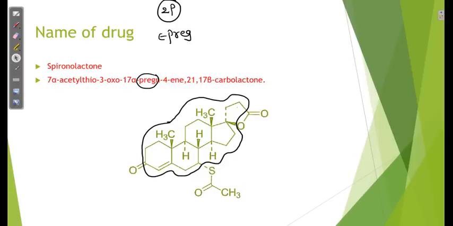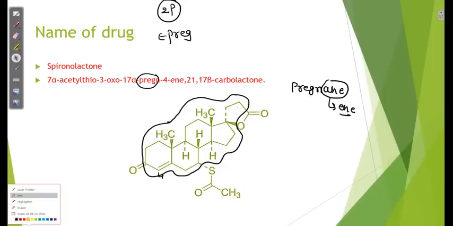This is like a pregnane derivative. In case of pregnane, the word root is pregnane, and from that we remove this, and instead of that we add ene at the fourth position. Are you getting my point? The whole IUPAC name we are not discussing right now. Our goal is only to inform you about which word root is present.